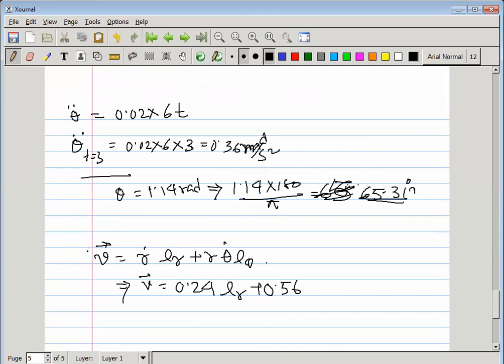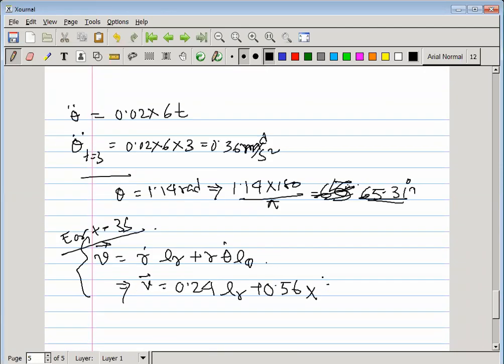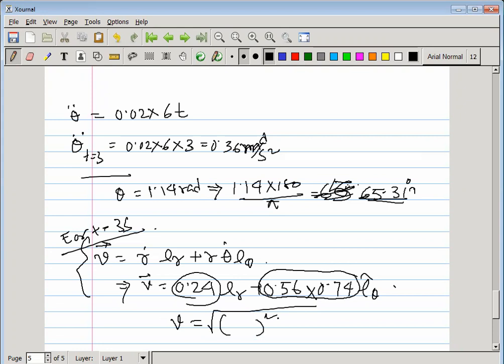These are all based on the question, given for time t equal to 3 seconds. And 0.56 into theta dot, which is 0.74, e theta. So the magnitude of the velocity is the square root of this portion squared plus this portion squared.